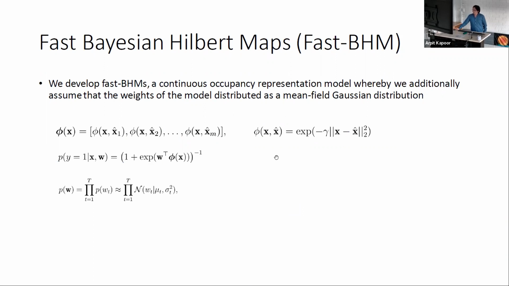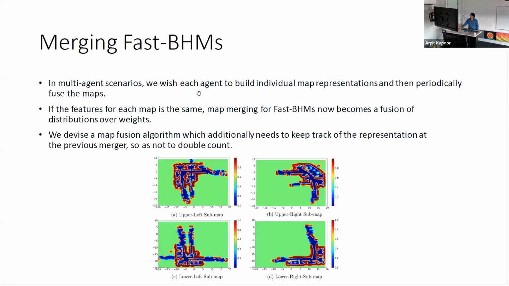Basically, I make the mean field assumption, and I end up getting these equations for variational inference. Now, the benefit of having these distributions over these weights is we can then design algorithms to fuse these weights together in a multi-agent scenario.